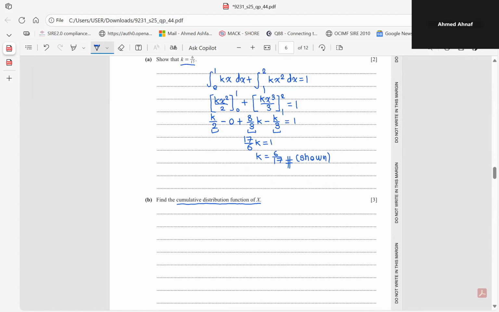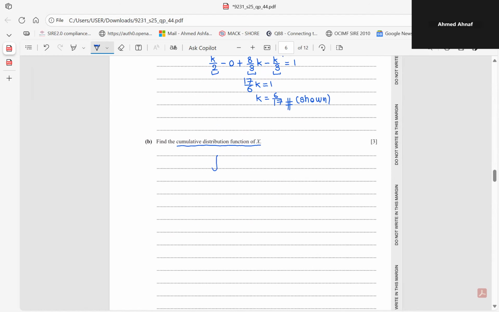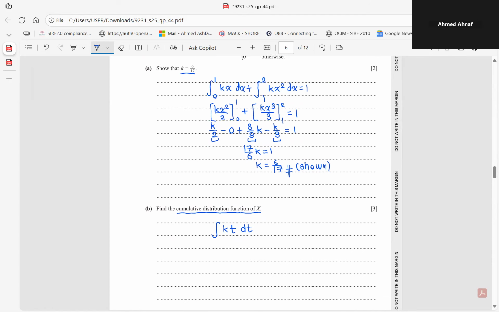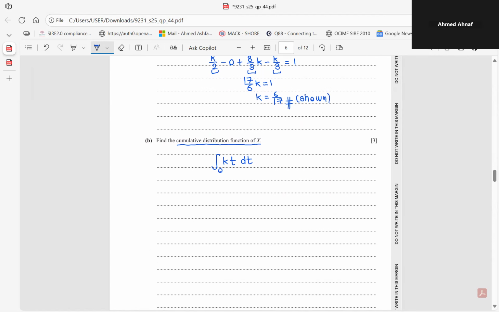Okay. All right, so to find our cumulative distribution function, we take our first piecewise function and we integrate it. But instead of writing k, we write t, or any dummy variable, and then we integrate with respect to that new variable. And as for the limits, we only take the lower limit, and the upper limit would be replaced by x.